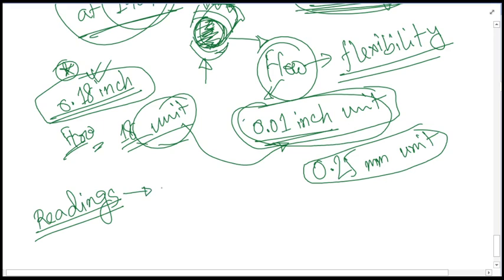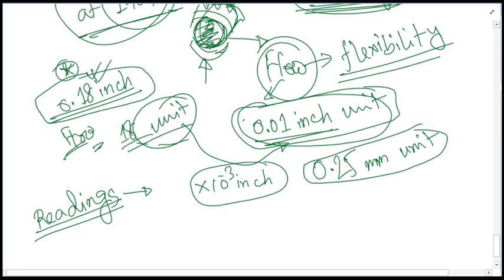So in general, say our readings are given multiplied by 10 to the power minus 3 inch. This unit might be there for readings.